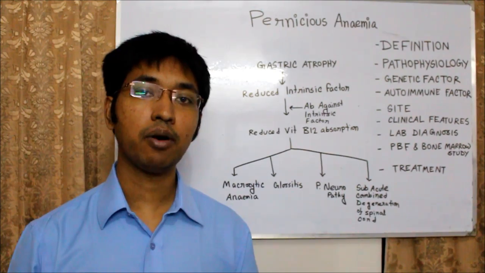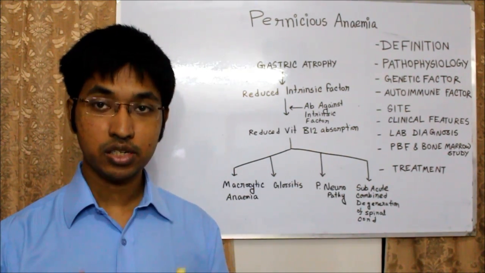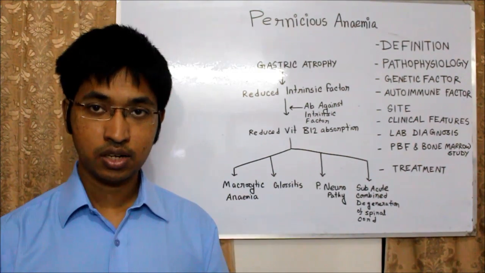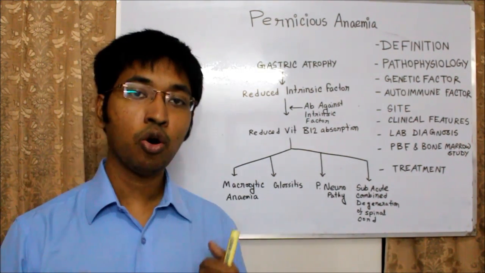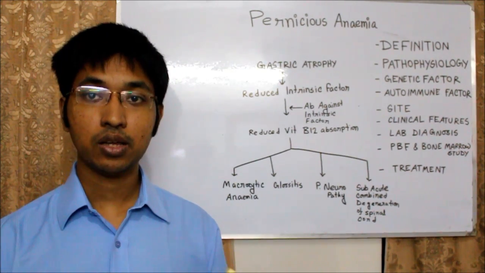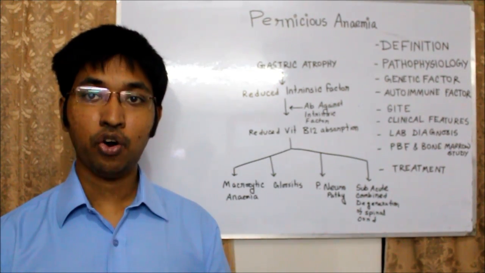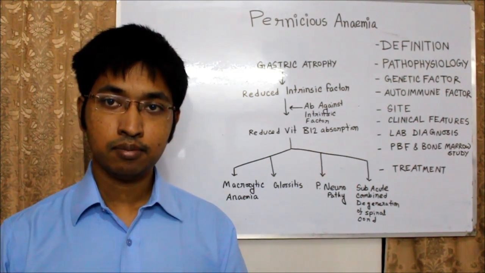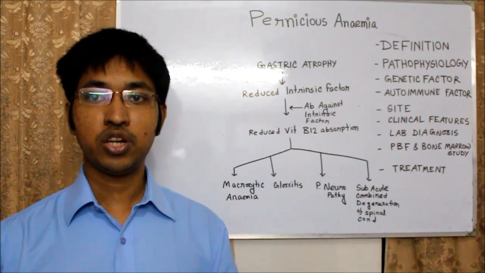The third point about pernicious anemia's genetic factors is regarding certain ancestry. Pernicious anemia is more common in Northern European ancestry than other European or Asian ancestry. Okay, so that is another point about the genetic factors.